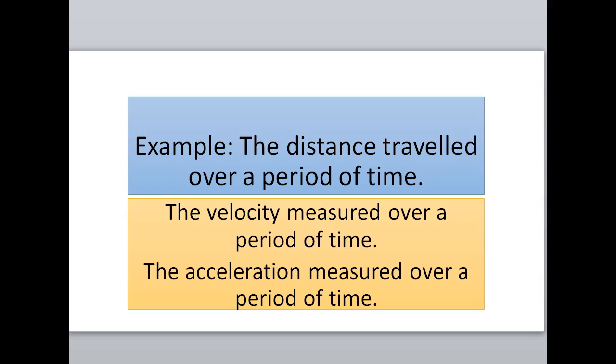For example, the distance traveled over a period of time, that's a rate, and that rate becomes the constant. Or the velocity measured over a period of time, the acceleration measured over a period of time also. So all of those can have a constant.